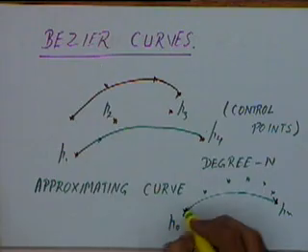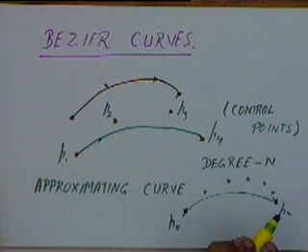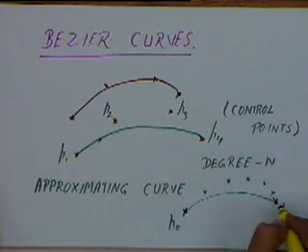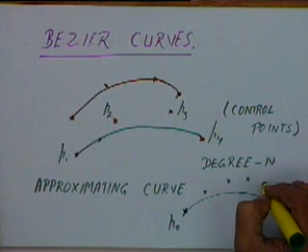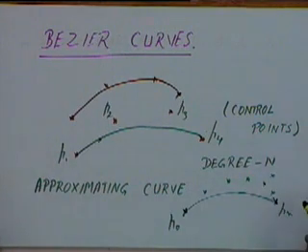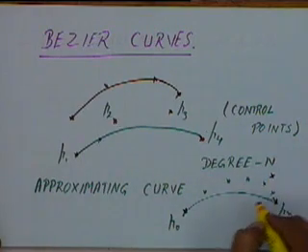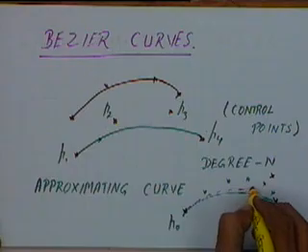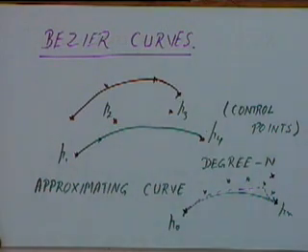We do not want it to pass through any of these points. The idea is that if we have a curve like this, and I move this point from here to this place, my curve might get modified somewhat like this.